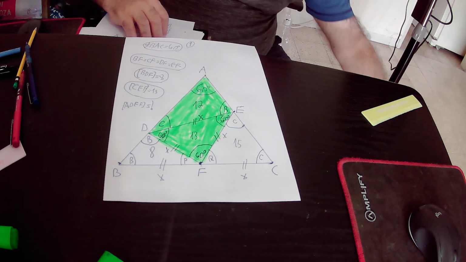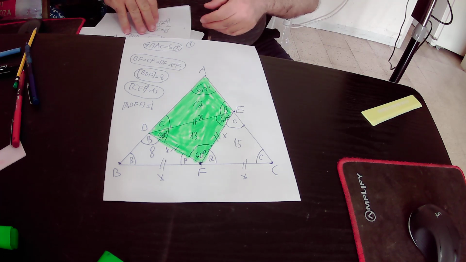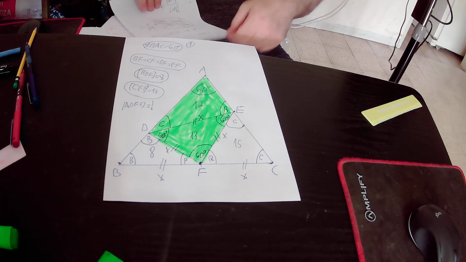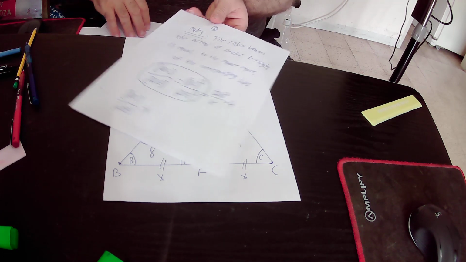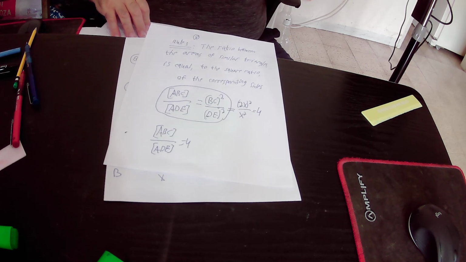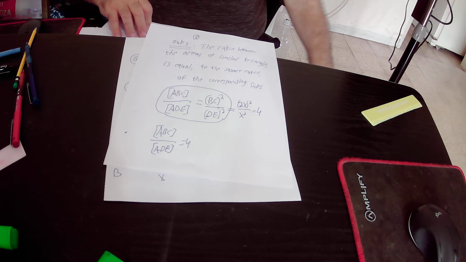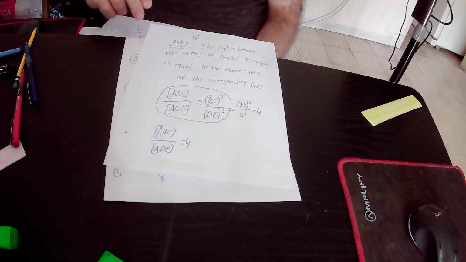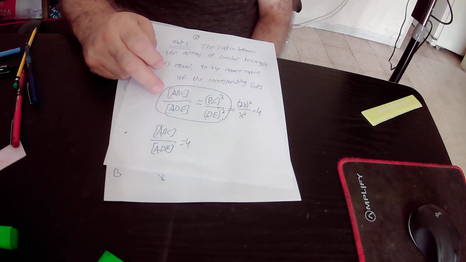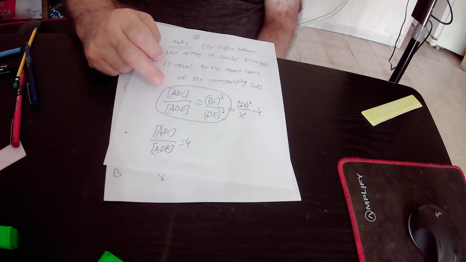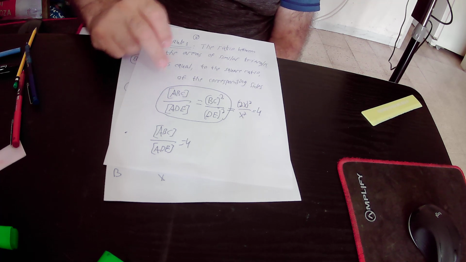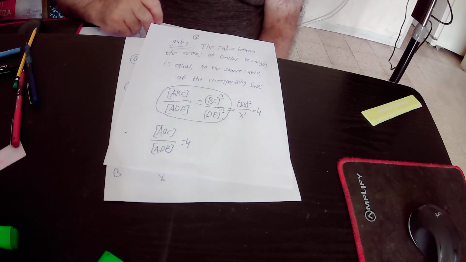Then we have rule number 3, which states that the ratio between the areas of similar triangles is equal to the square ratio of the corresponding sides. So rule number 3 means that the area of triangle ABC over the area of triangle ADE equals BC squared over DE squared.